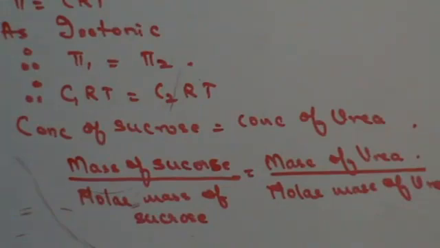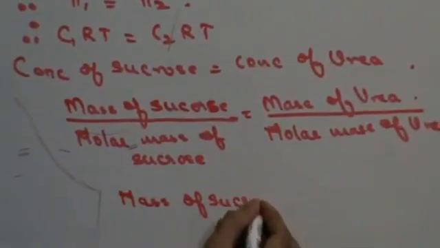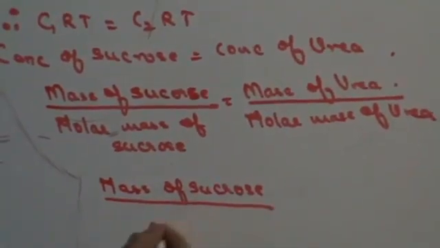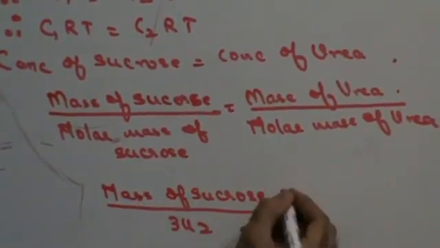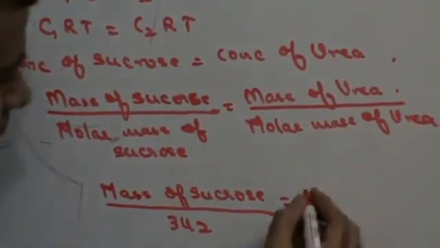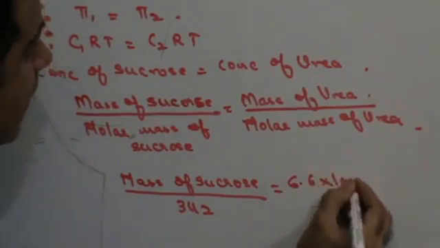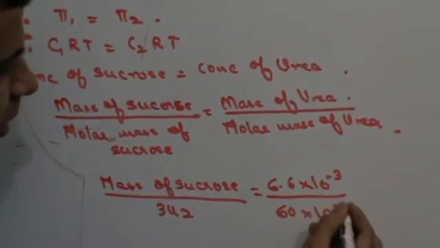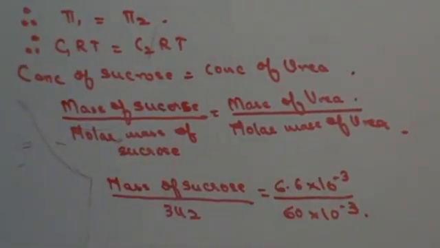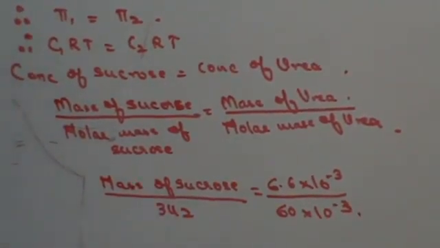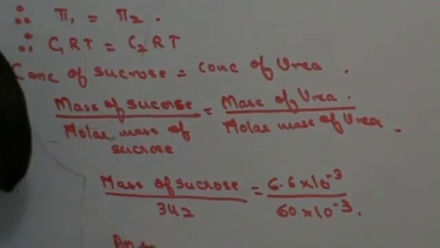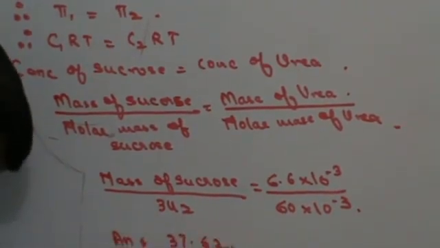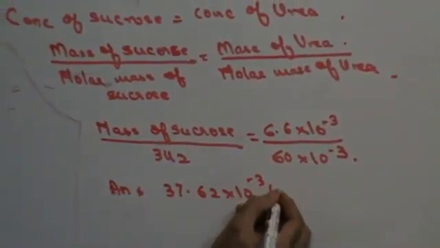Now I presume I know most of the things. Mass of sucrose upon molar mass 342 is equal to mass of urea 6.6 into 10 raised to minus 3 upon molar mass 60 into 10 raised to minus 3. When you solve this, you should get the answer for this. The answer for this should be 37.62 into 10 raised to minus 3 kgs.